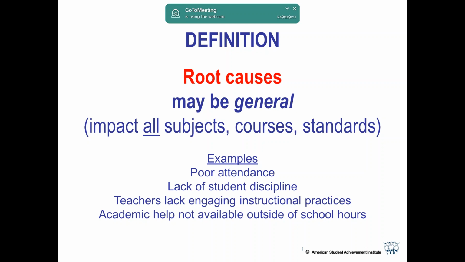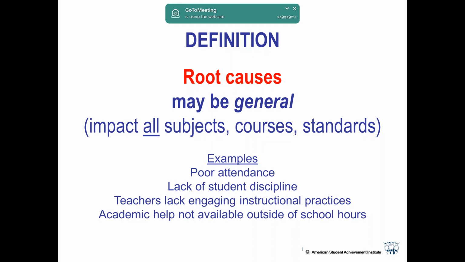If your school has poor student discipline, that's going to impact all of your goals. I think I misspoke a little in the previous part. The poor attendance is going to impact all of your goals. Lack of student discipline will impact all of your goals. If your teachers aren't engaging students in their instructional practice, that's going to impact all of your goals. So some of your root causes are general because they impact everything.